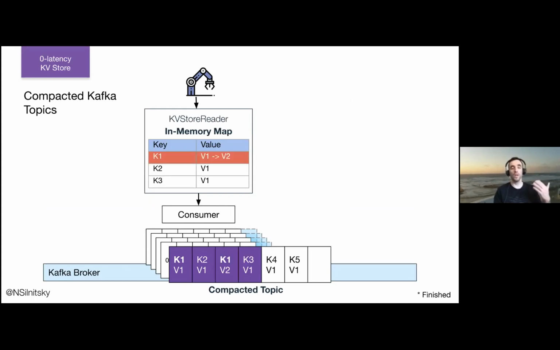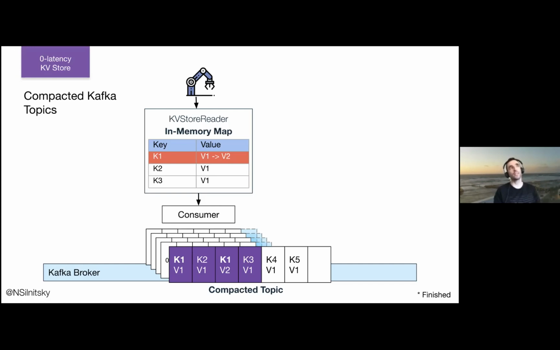So we see that for key 1, v1 is changed to the value v2 as the processing progresses. Then we add key 2, v1, and key 3, and so on. And once the startup phase finishes, we have a complete representation of the key value store in memory.